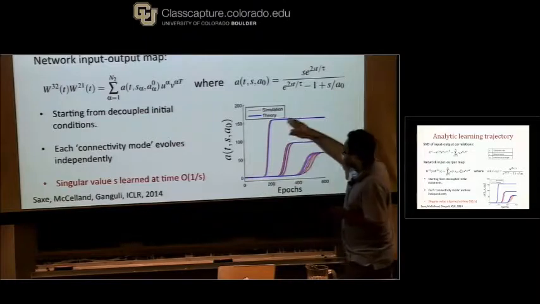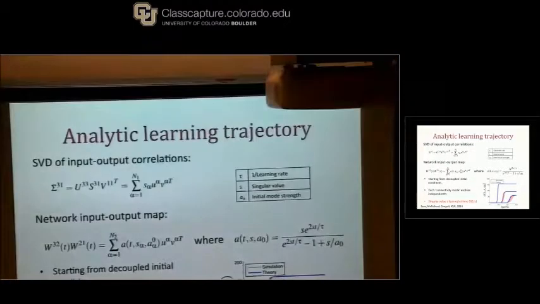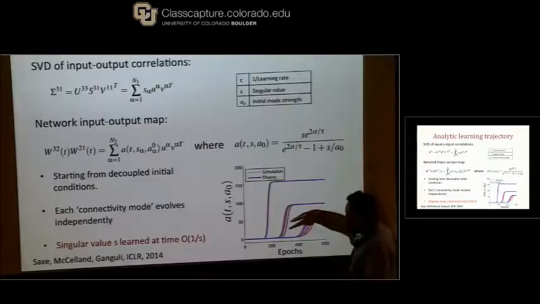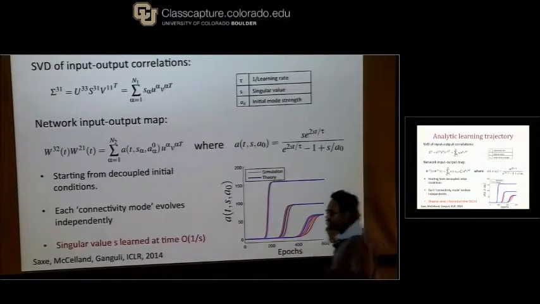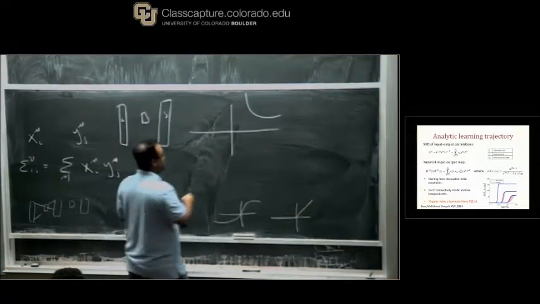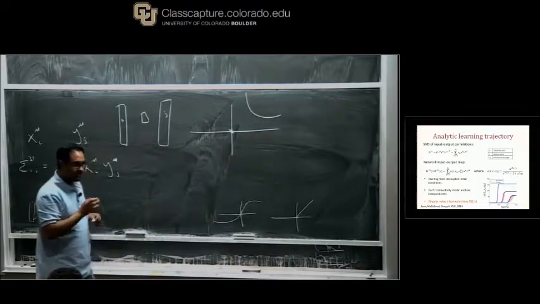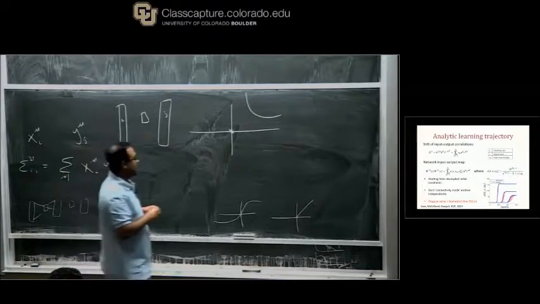Basically, this is what leads to these plateaus. The network is not learning something, and then suddenly it learns something, so the error drops. Then it learns something else, so the error drops again, and so on. What's actually going on in terms of the geometry of weight space? It turns out that there are hyperbolas in weight space that correspond to 0 error, and the network dynamics will go there, but there are also unstable saddle points in weight space that attract and repulse the dynamics.